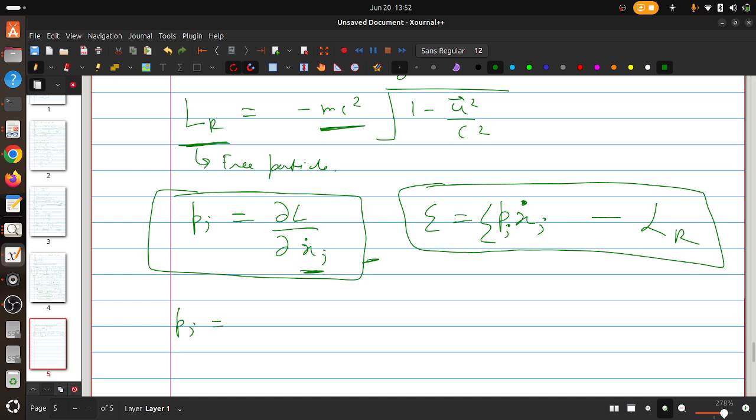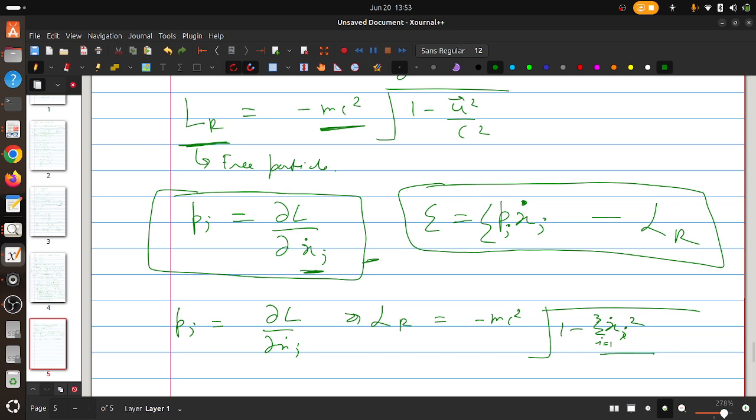So P_j should be ∂L/∂ẋ_j, and let us write the Lagrangian in a more appealing form so that we should be able to differentiate it properly. So u is the velocity vector of the particle, the free particle. Let us write it in terms of the component form: the sum of ẋ_i squared, summation over i from 1 to 3, right?